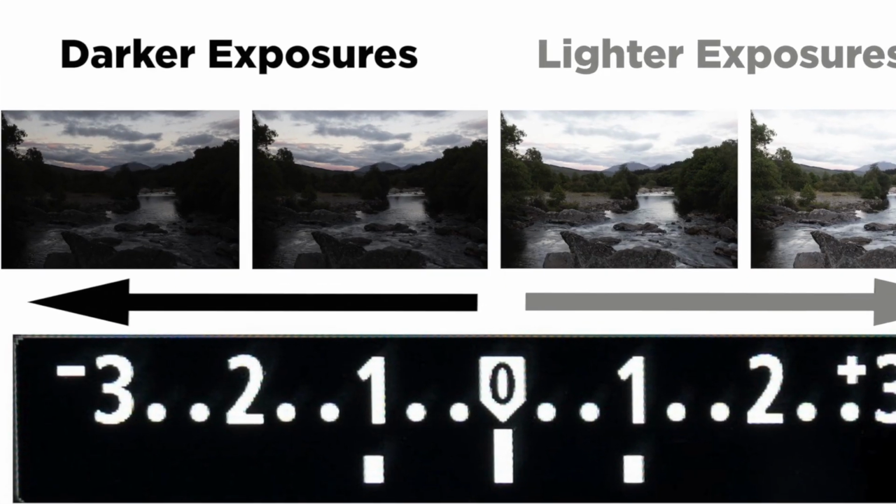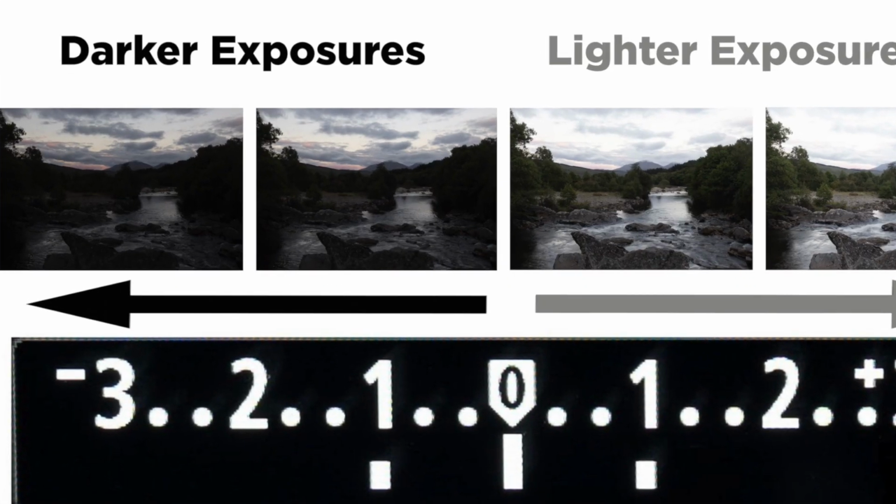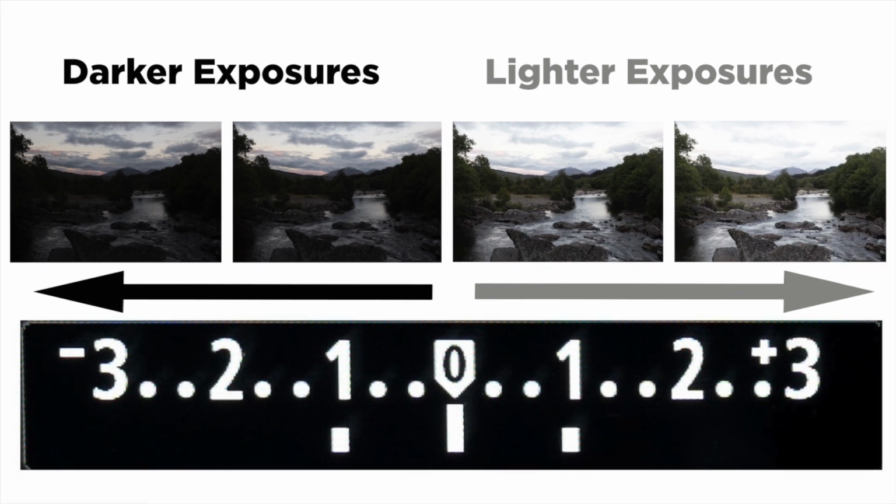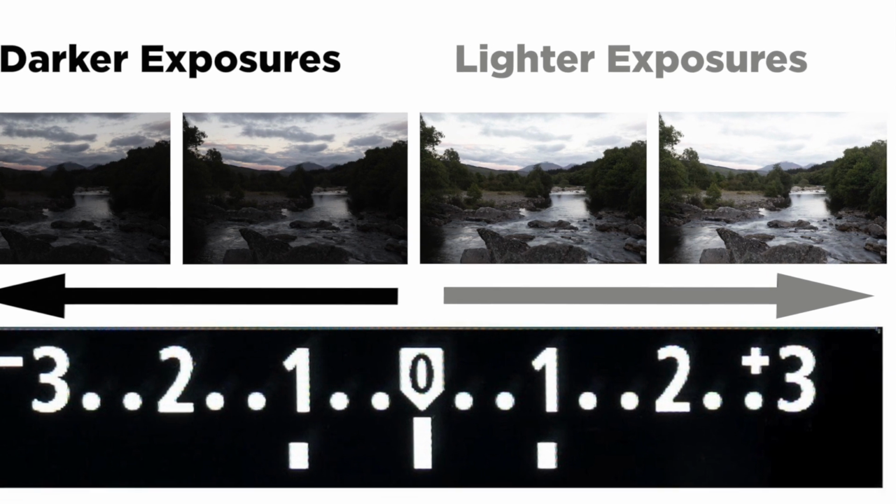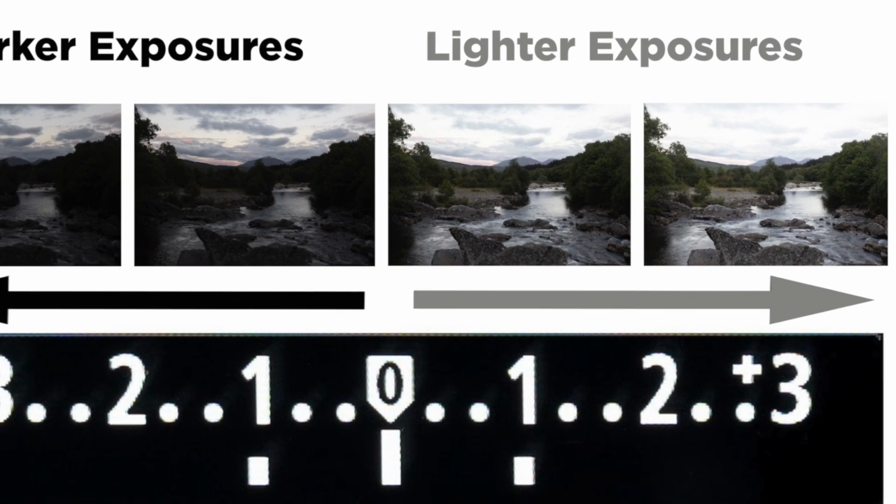If I go to the left, that means I'm reducing my exposure, so the image is getting darker. So if I have a really bright sky, I swing to the left and darken my image, and that way I capture the detail in the sky equally for any kind of bright situation. If I've got a dark foreground, I'll expose to the right and adjust the wheel, and that way I can get a brighter foreground.